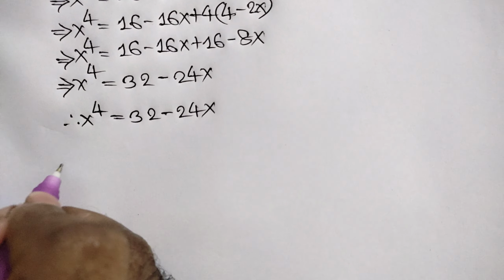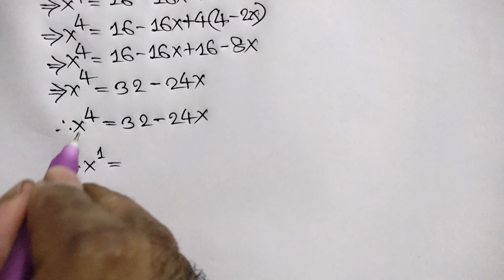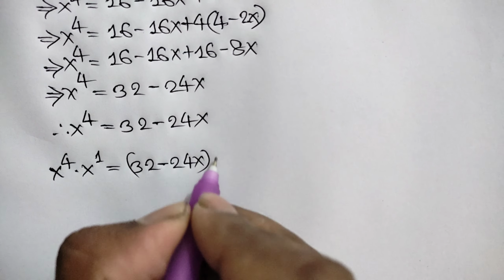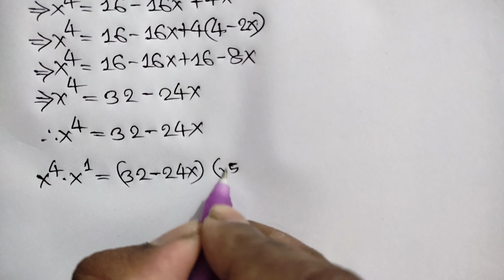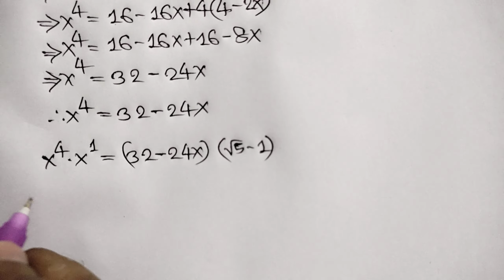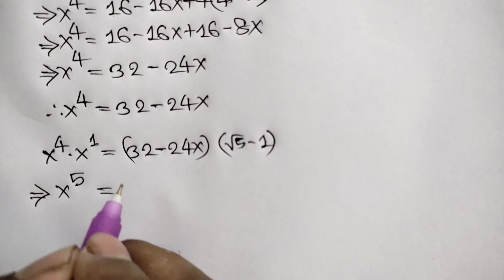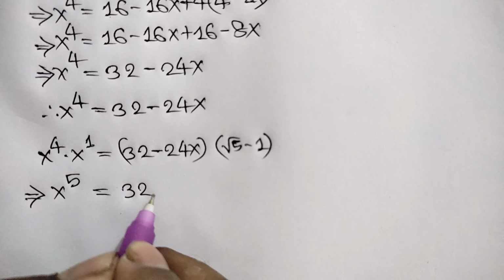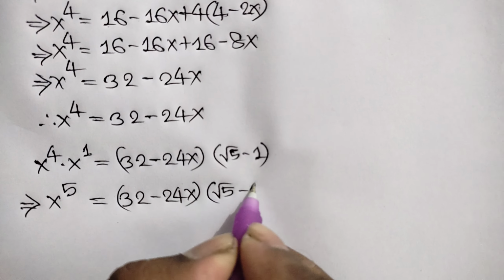So we can write x^4 times x^1, where x^4 is 32 − 24x, times x, and x is √5 − 1. So we get x^(4+1), which is x^5, equal to (32 − 24x) times (√5 − 1).